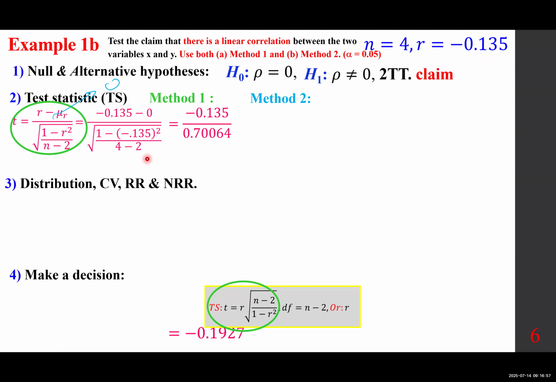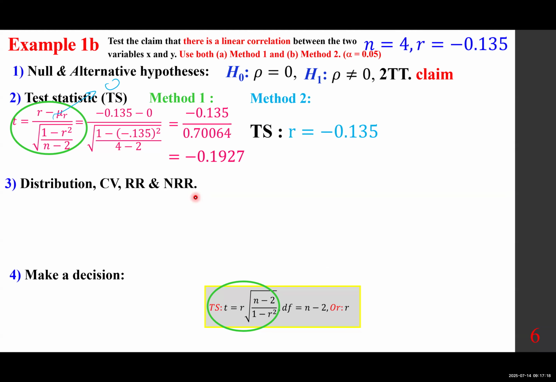And that results in negative 0.1927. So that's the test statistic if I want to use the basic t-test. The second method just uses the value of R as the test statistic because it uses a different table. We're going to discuss that in a moment.